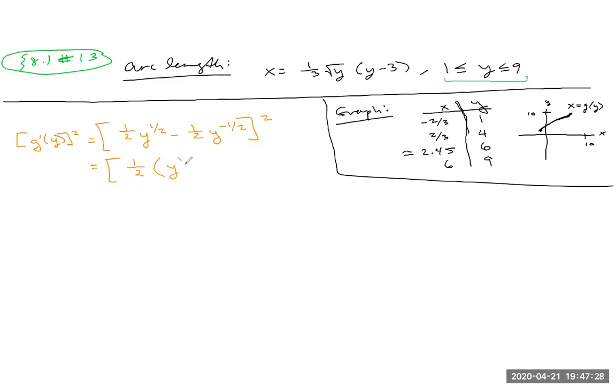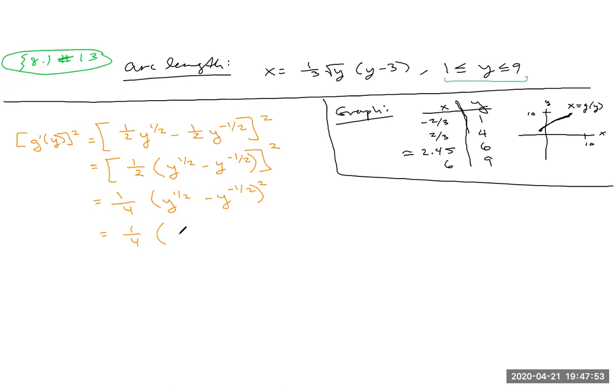I have y to the 1/2 minus y to the negative 1/2 left over, and then I still have squared outside the brackets. So remember, that means I'm going to be squaring the 1/2 separately from the factor that I just wrote.